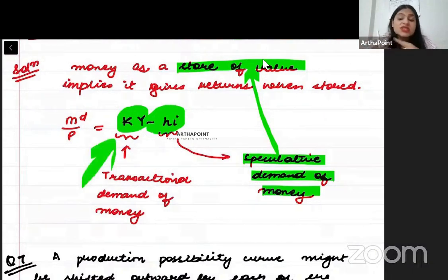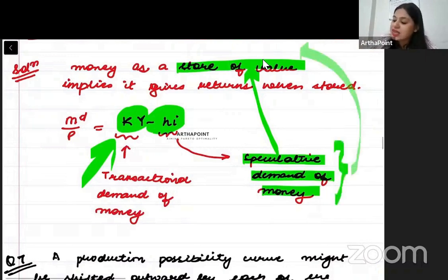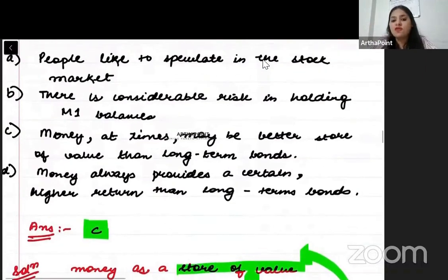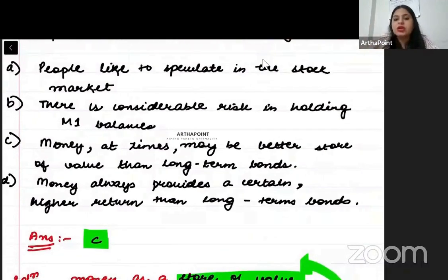But if I use it as a store of value, maybe if I put it in some FD, if I demand money for speculation, for returns, it will be giving me returns in the future when stored. So the speculative demand of money is highly associated with the store of value also, that in the future, it will give you certain returns.